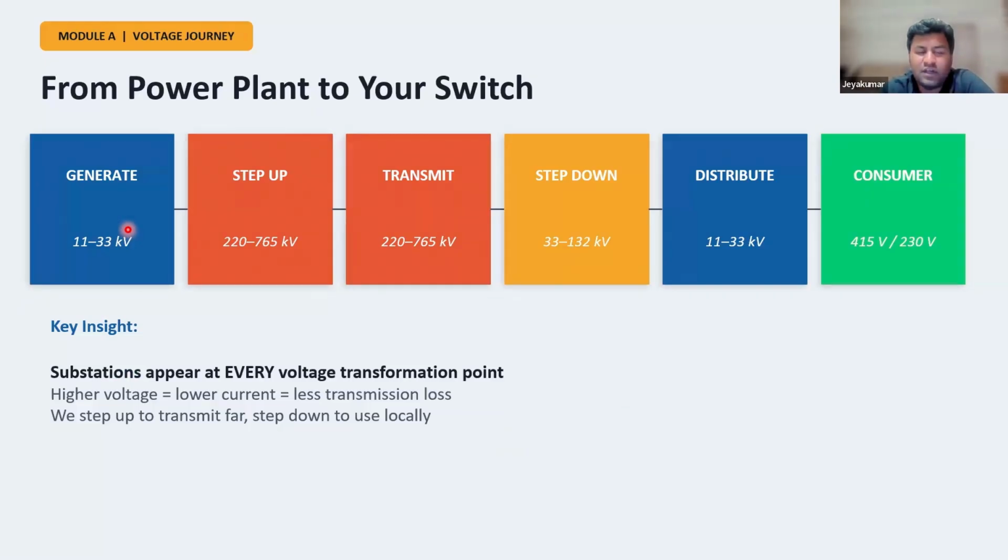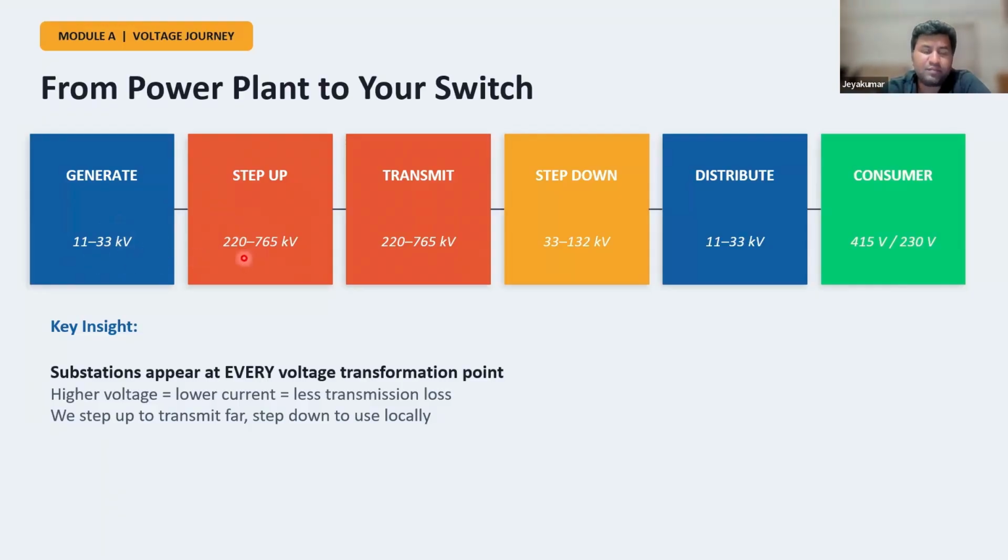Most of the big capacity generators generate at 15 kV, or 10.5 kV, something like that. Then they will step up. The step up happens to 110 kV or in this range.